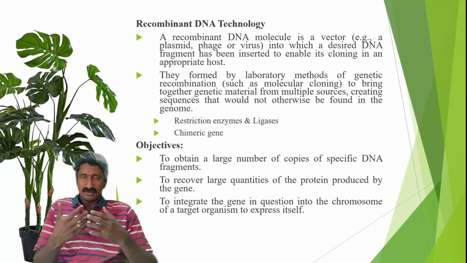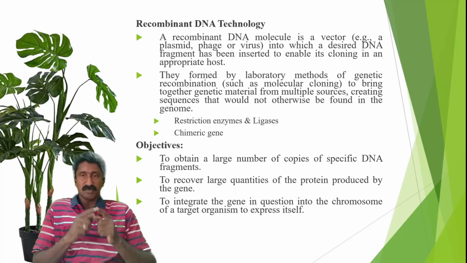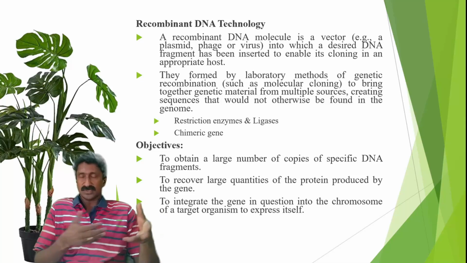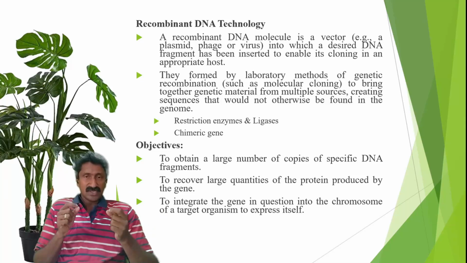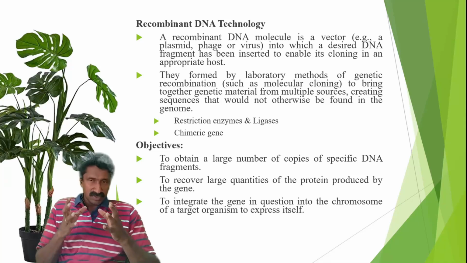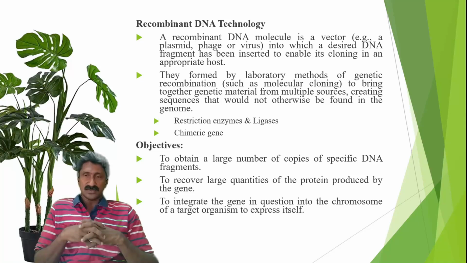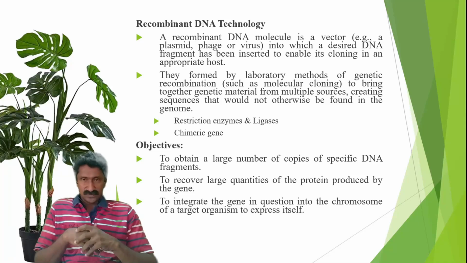It's a creature that combines two different species, just like Narasimha or some other mythical creatures. So a chimera has two different species combined together. So basically, recombinant DNAs are chimeric genes because each is a combination of genes from two different sources.